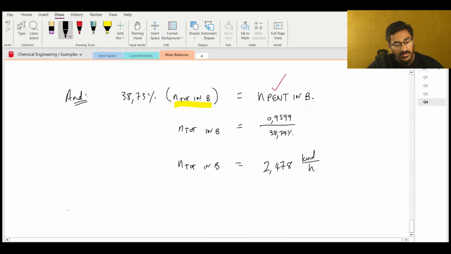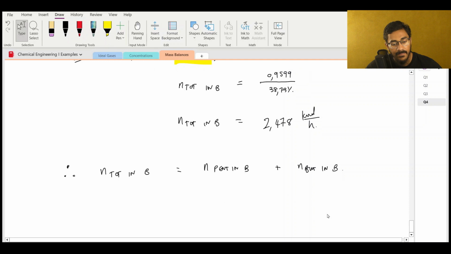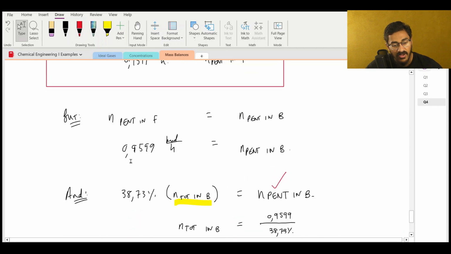And I can say, therefore, remember, the total number of moles in B is equal to the number of moles of pentane in the bottoms plus the number of moles of butane in the bottoms. Okay? So I know the total number of moles in B, 2.478. I know the number of moles of pentane in B is 0.9599.